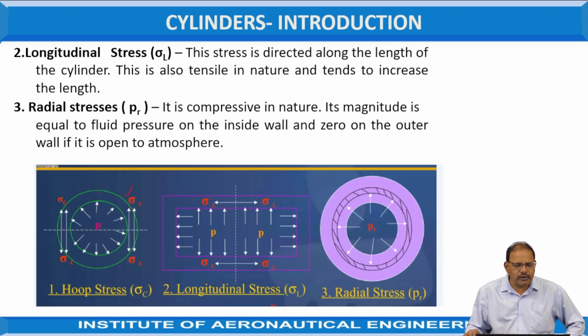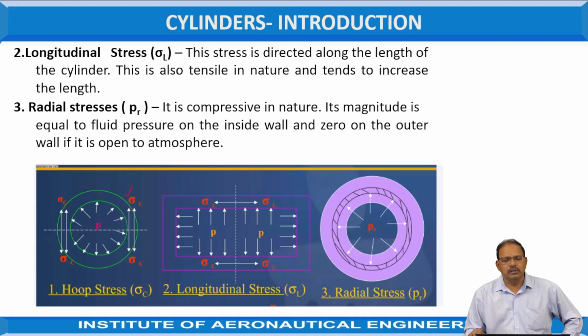Hence, due to the effect of this, the diameter of the shell increases. The second one is longitudinal stress. These stresses are directed along the length of the cylinder. These are also tensile in nature and tend to increase the length of the pipe.